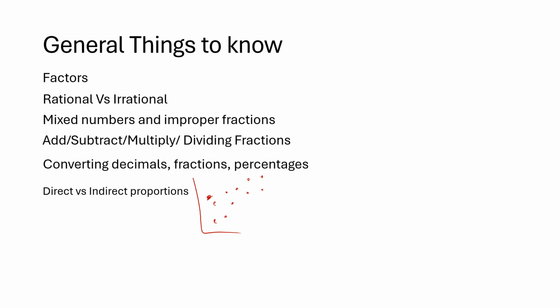A direct proportion basically means that as the x goes up, the y goes up with it, which, actually, this correlation makes no sense. Let me use an example. I'm trying to think of a good example that makes sense.